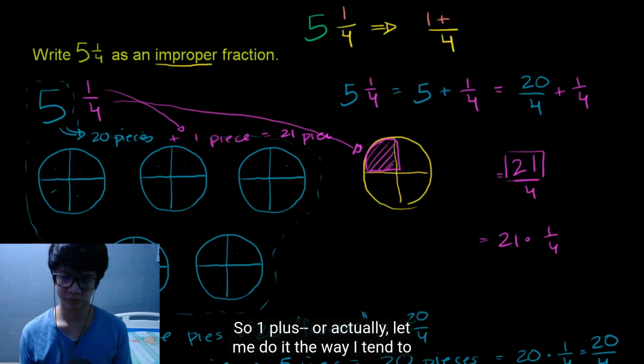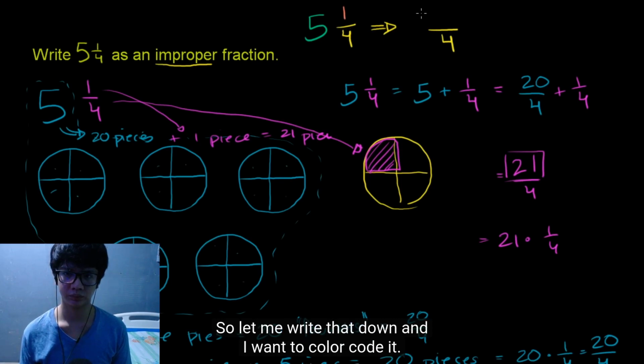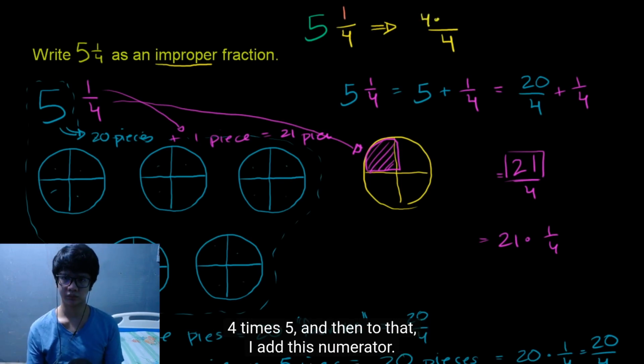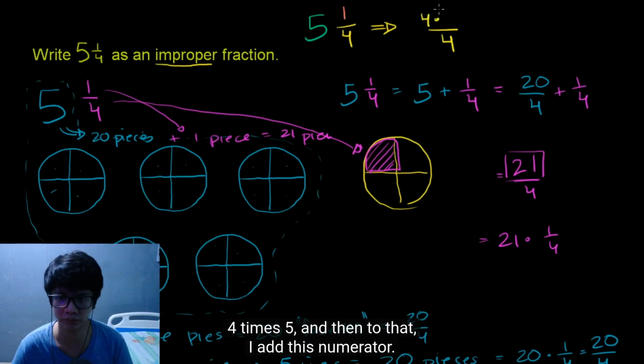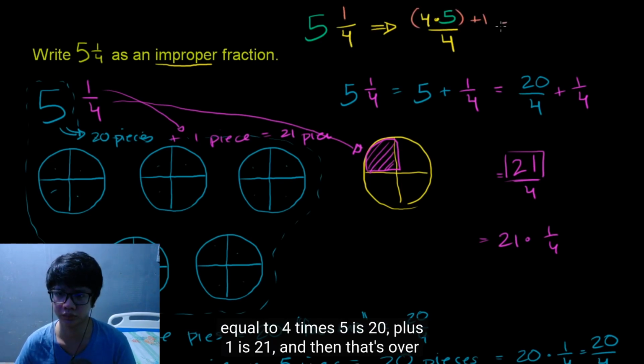So 1 plus, or actually, let me do it the way I tend to think of it. What I do is I take 4 times 5, so let me write that down. 4 times 5, and then to that I add this numerator. So I literally do 4 times 5 plus 1, which is 4 times 5 is 20, plus 1 is 21, and then that's over 4.